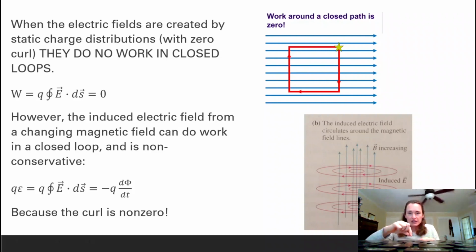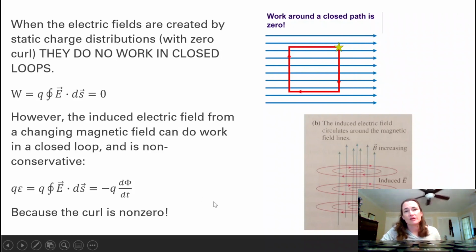Well, it would induce an electric field that would make a little loop. So your positive charge would go whoop, and then you would reverse the direction and it would go back and forth, and it would sit there and make little circles. So that's what your charge would do in the presence of that induced electric field.